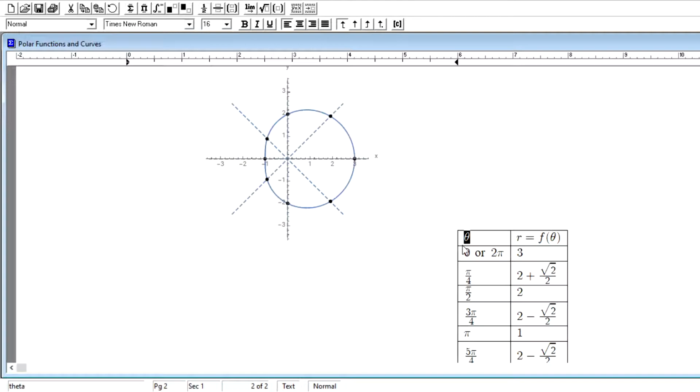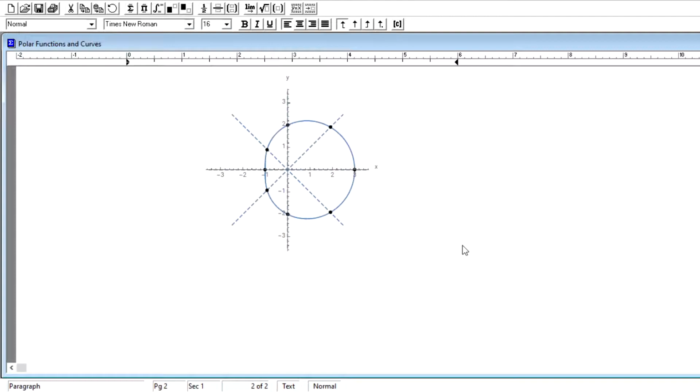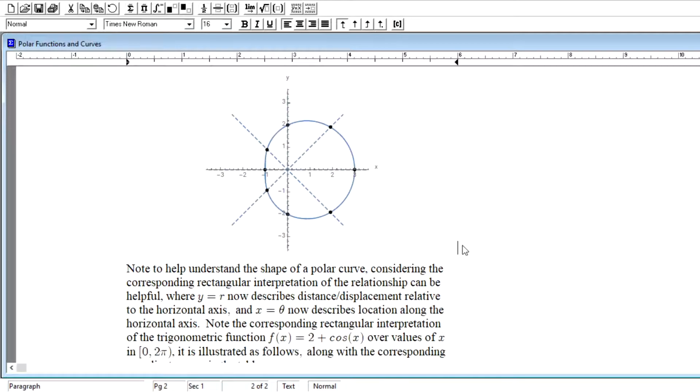All right? Now, what does help us in our interpretation here, and as you put together these polar curves, you may actually be going back and at times interpreting the rectangular relationship for the polar function described in our polar curve, right?